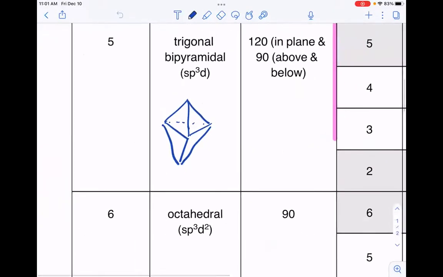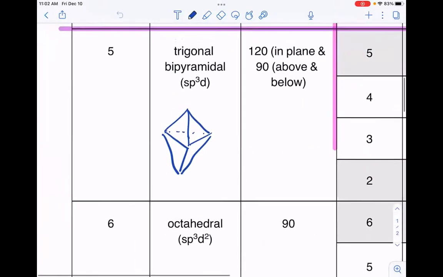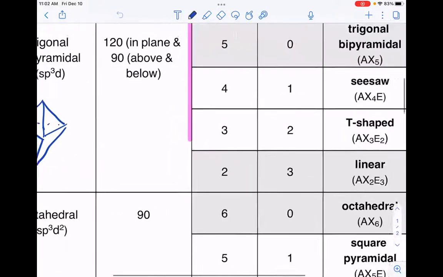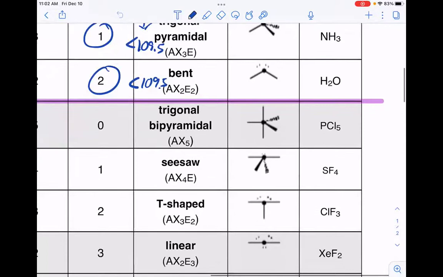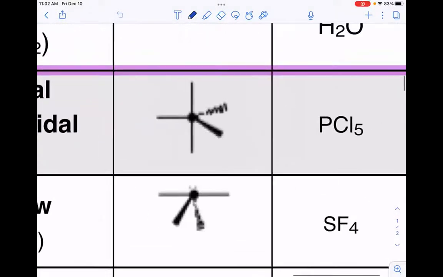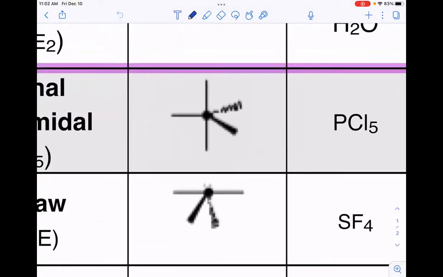And so with trigonal bipyramidal, you guys have items. Let me go ahead and just, okay. So this is the general structure of trigonal bipyramidal. Notice that here we have a line going here, we have a line going here, we have another line going here, we have another line going here.